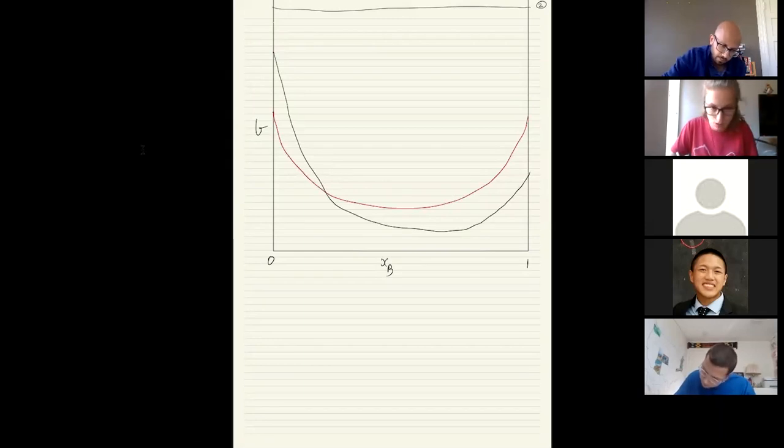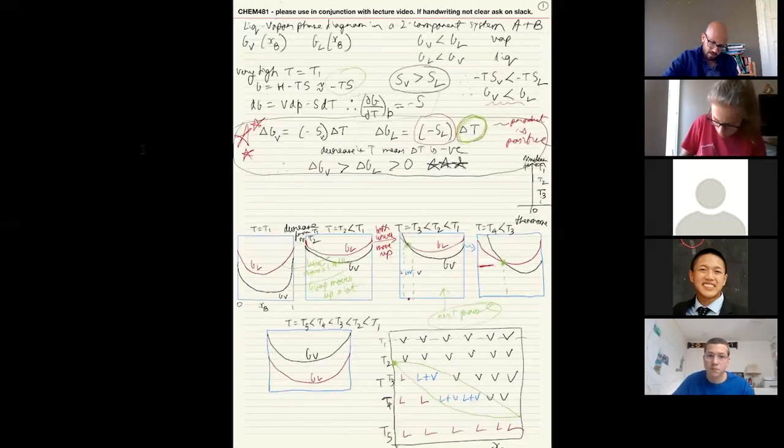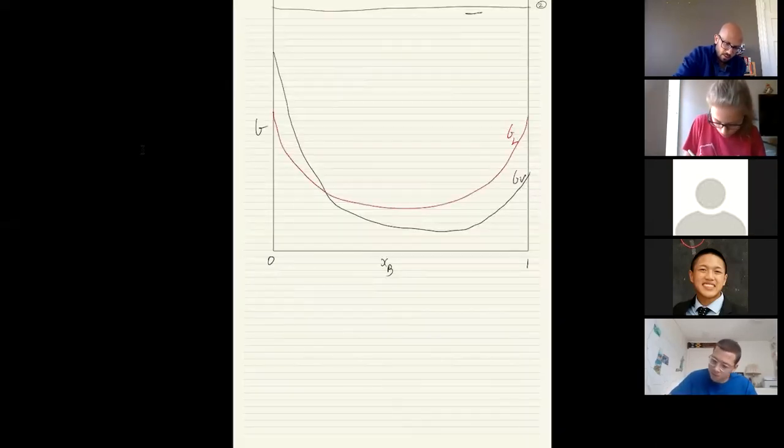So let's mark them. This is our G liquid, and this is our G vapor. We are at some temperature, let's say T equal to T3, where they intersect at a point.